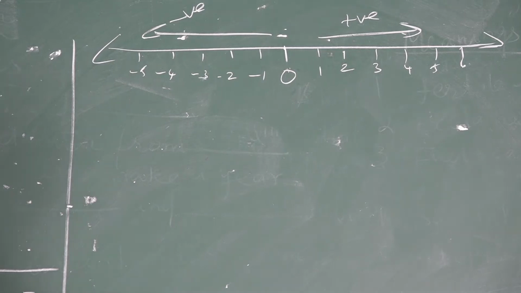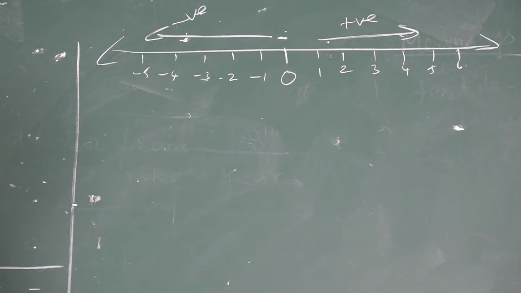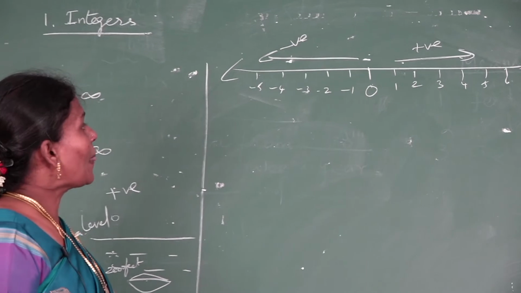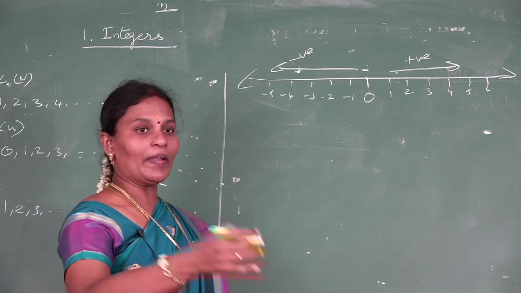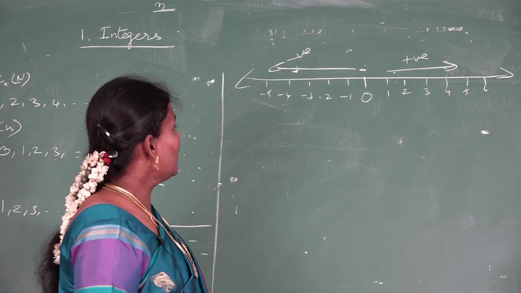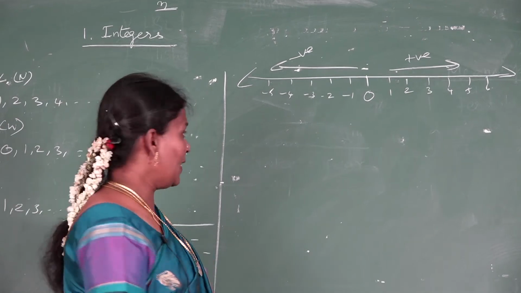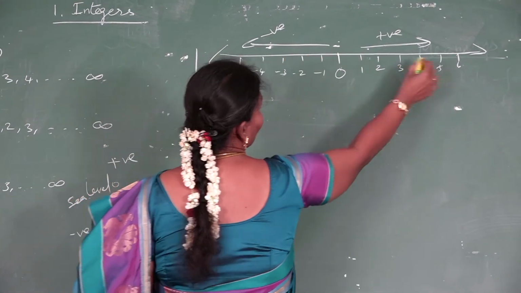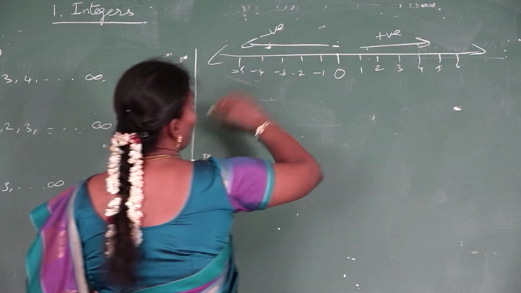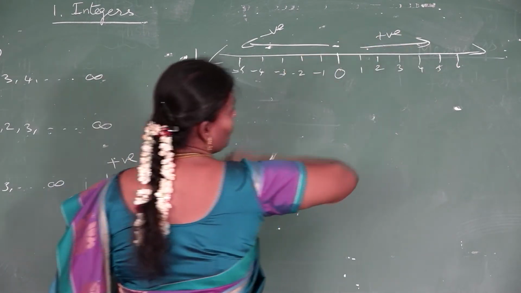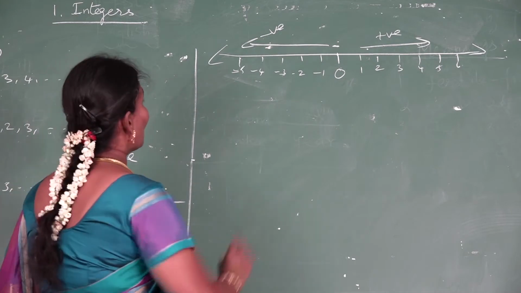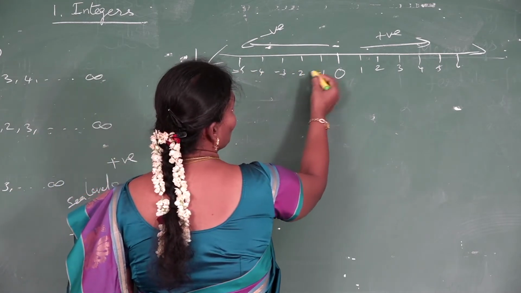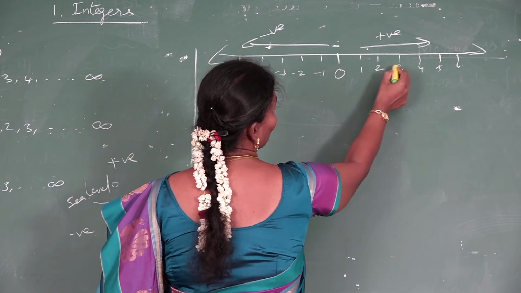Now, the question is, what are the integers between minus 5 and 5? So, how do you write the integers between minus 5 and 5? See here, minus 5, and here is plus 5, positive 5. The integers between minus 5 and 5 are minus 4, minus 3, minus 2, minus 1, 0, 1, 2, 3, 4.